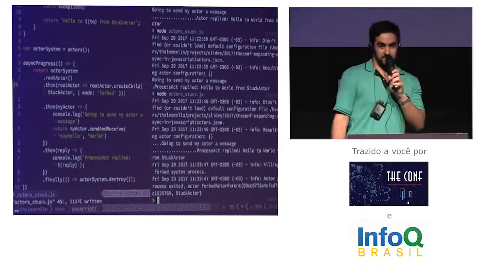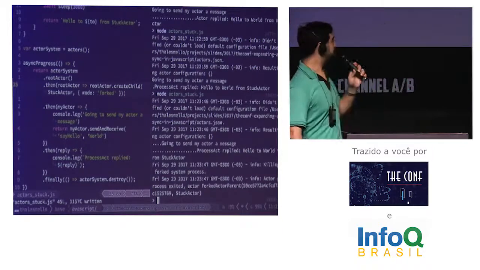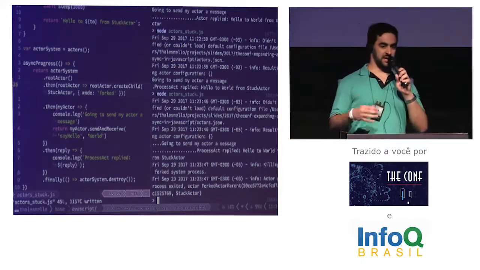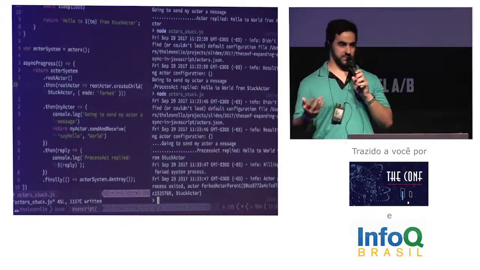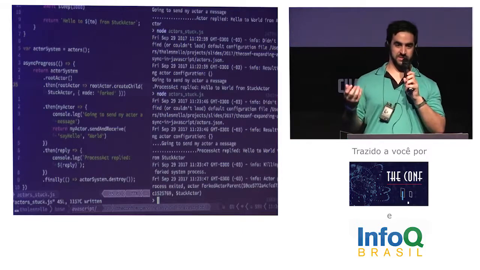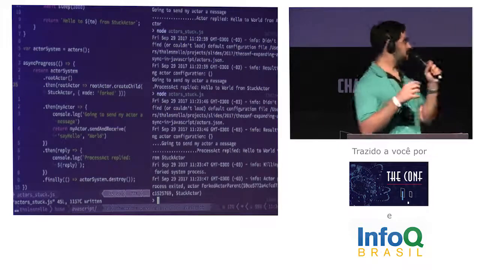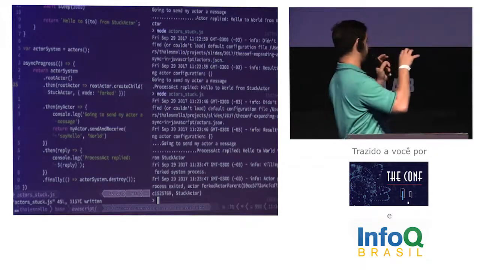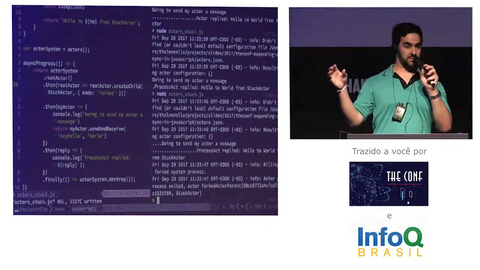Actually, it's running in parallel, which is not a common thing for Node to do, and it happens because of the way the actor's abstraction is defined, you could have them running everywhere. So as long as you implement a message passing protocol, you could have them running separate processes.